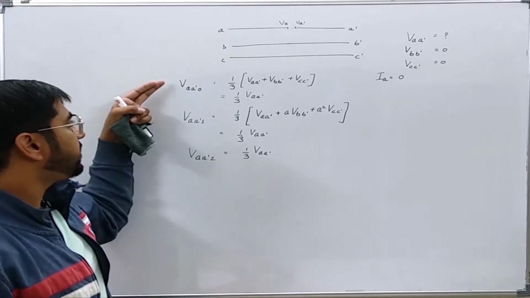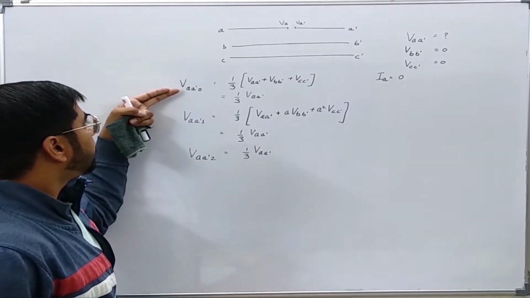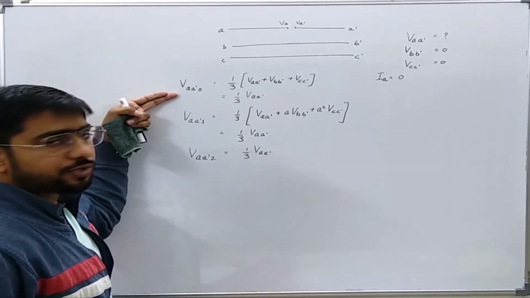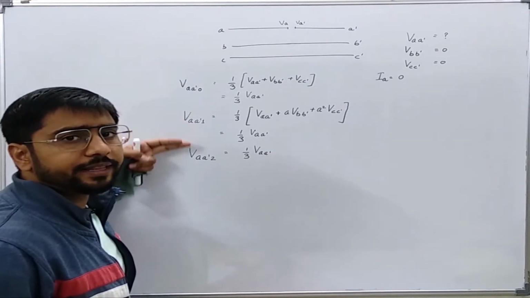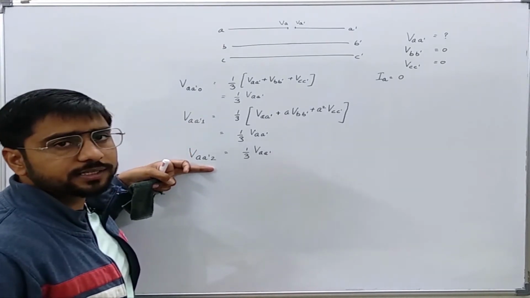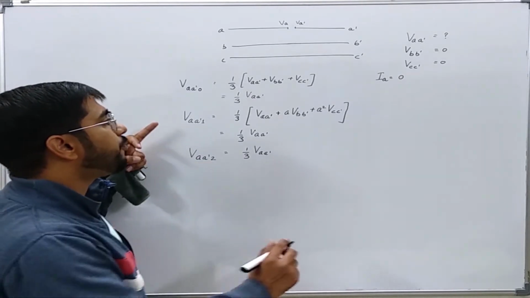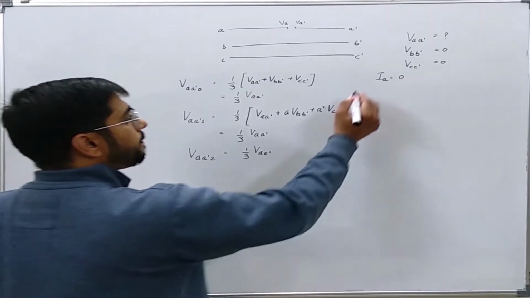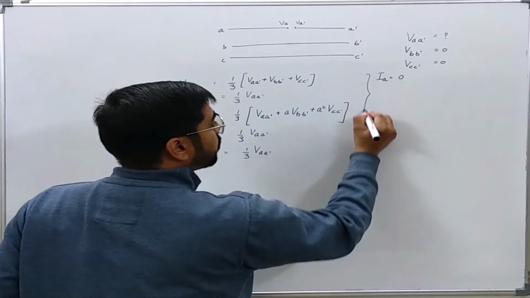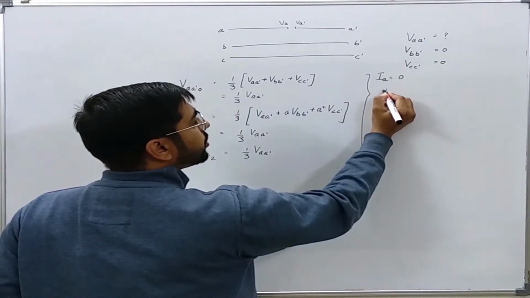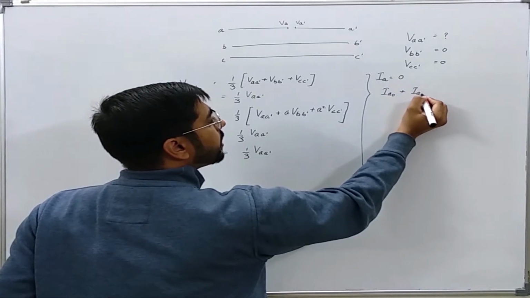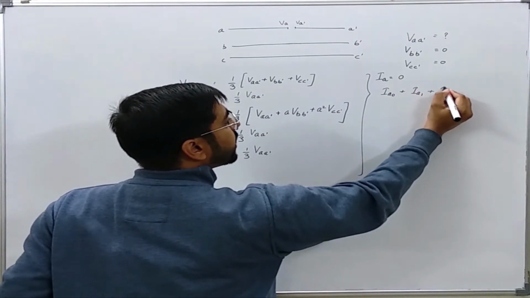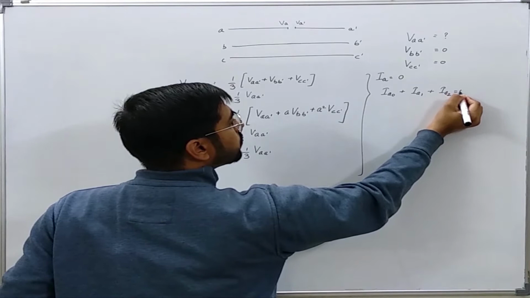So from this we see that the zero sequence component of the voltage, the positive sequence component of the voltage, and the negative sequence component of the voltage are equal. All three components are equal, and we also know that IA is equal to 0, that is IA0 plus IA1 plus IA2 is equal to 0.